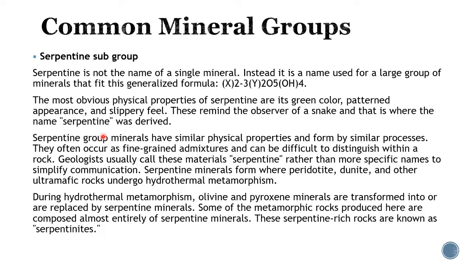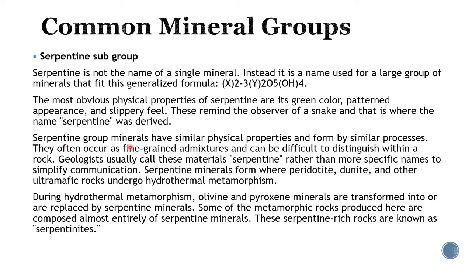The most obvious physical properties of serpentine are its green color, patterned appearance, and slippery feel. When you touch serpentine or any mineral from this group, it has an oily or soapy feel. These remind the observer of a snake, and that is where the name serpentine was derived.